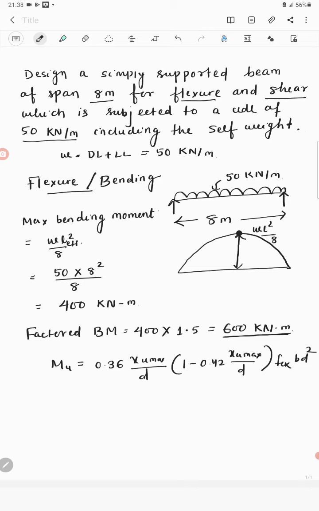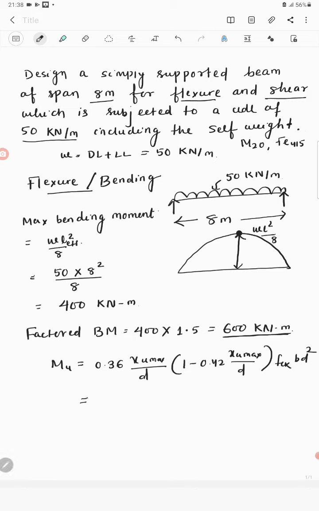Okay, so in our problem we will use M20 grade of concrete and Fe415 grade of steel. So my fck value is 20 Newton per mm square and fy value is 415 Newton per mm square.